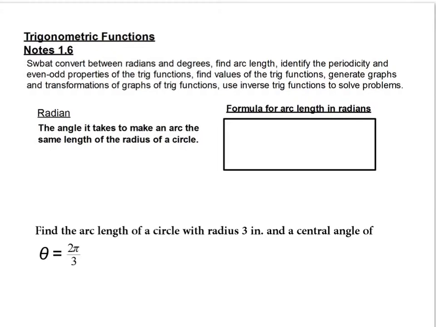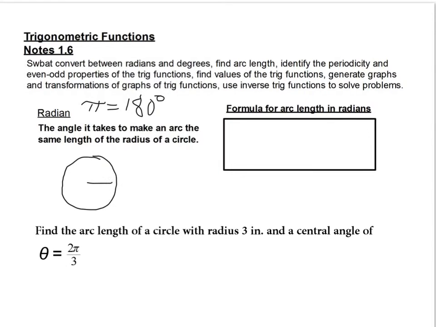So just remember that a radian, first of all, pi radians equals 180 degrees, if you need to remember the conversion factor. 2 pi radians equals 360, whichever you want to use, it's the same. But a radian is the angle it takes to make an arc the same length as the radius on the circle.